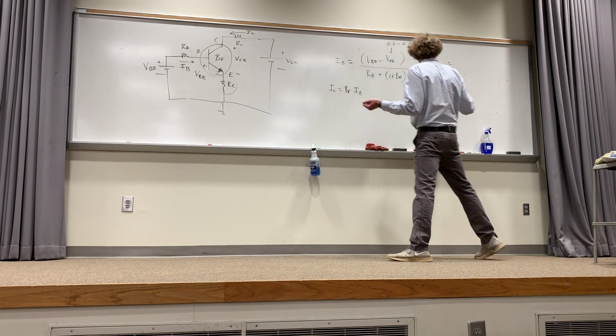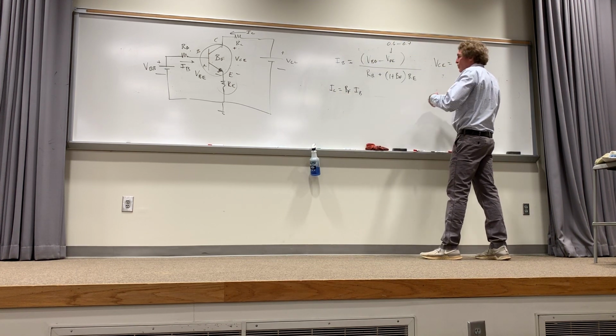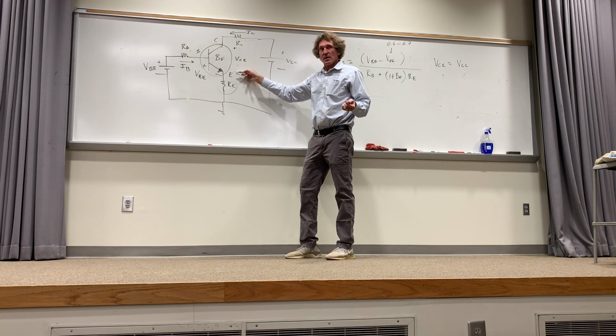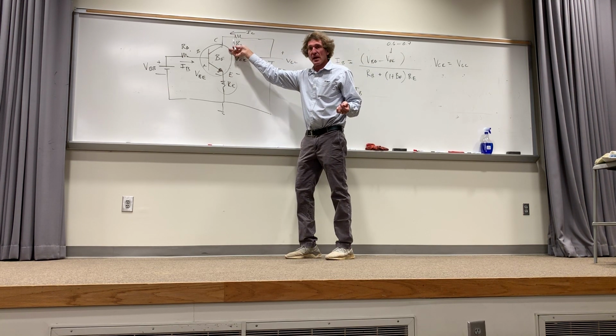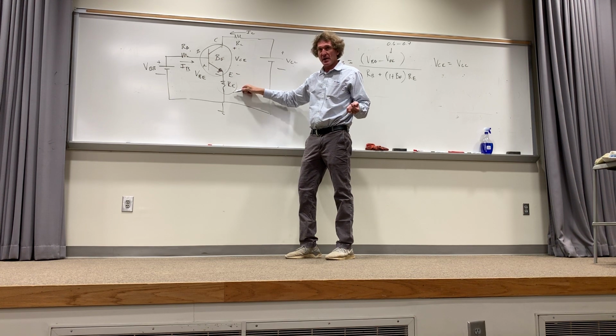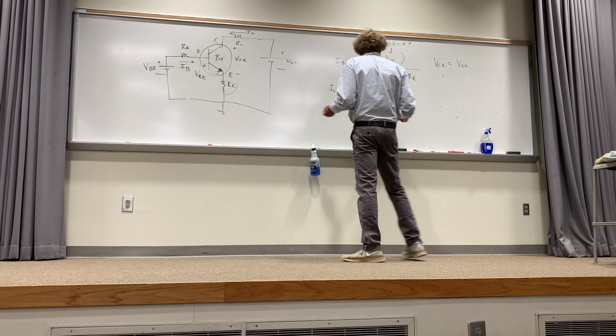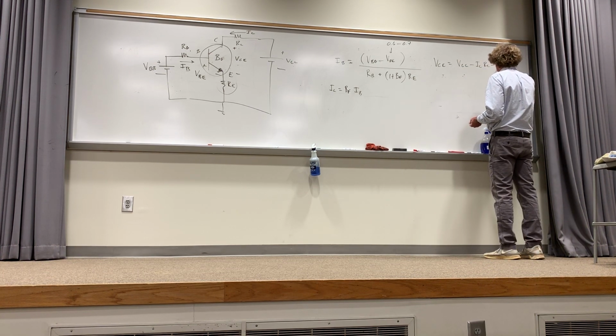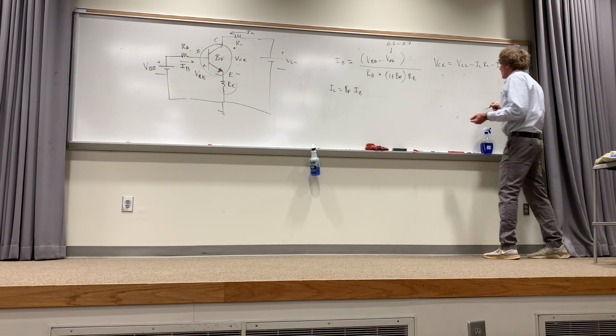So you put down VCC first. What reduces the amount of voltage here? The voltage drop here and the voltage drop here. Do you agree with me, everyone? So it's less than that. So now you say it's that minus IC times RC minus IE times RE. Y'all with me on this, class?